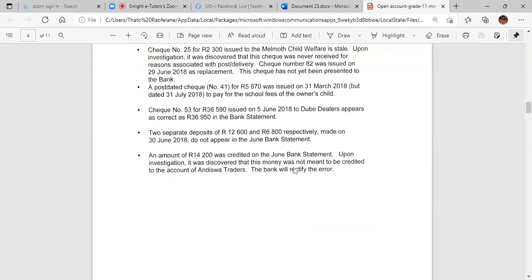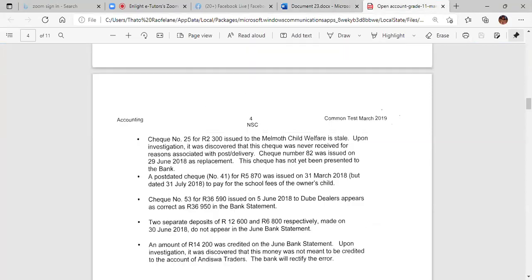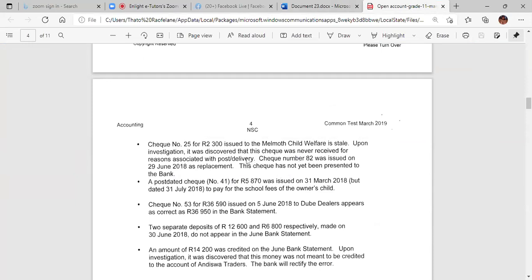Remember, this check, I'm reading here. I'm sorry, my highlighting looks a bit horrible, but check number 8202 was issued on the 29th of June 2018 as a replacement. The check has not yet been presented to the bank.